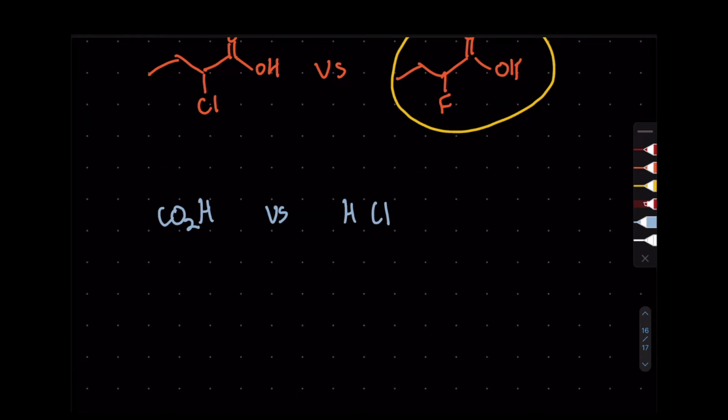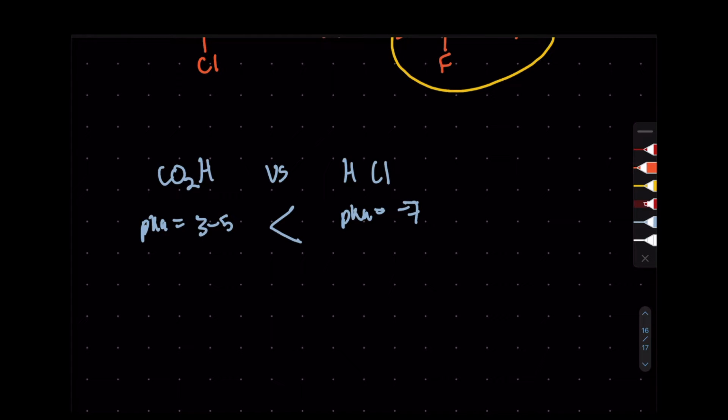The pKa of HCl is -7, and pKa of CO2H is 3 to 5. So when comparing these two acids, we can directly compare pKa values and say that HCl is more acidic than carboxylic acid.